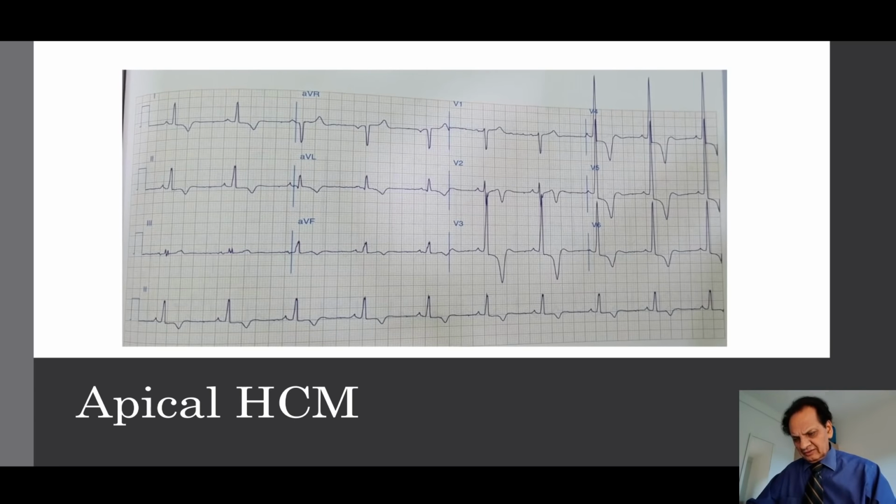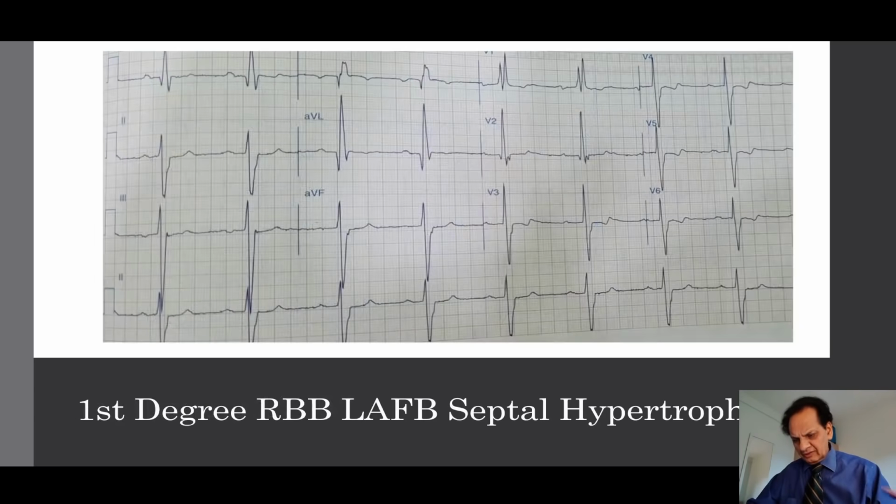This is also the same. So we will go to the next. So the first degree heart block here with the septal hypertrophy, important one. You can see the Q waves and a right bundle branch block pattern and a left axis deviation very clearly seen.